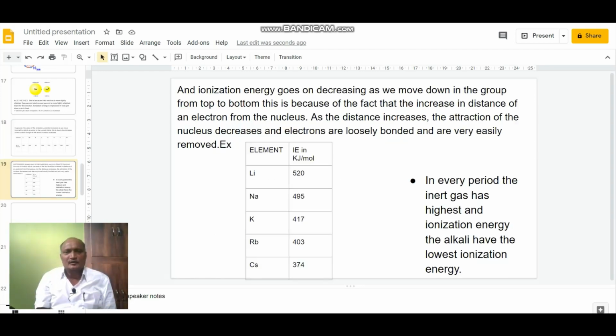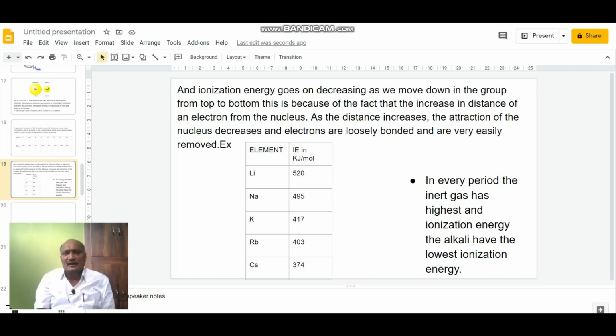And ionization energy goes on decreasing as we move down in the group from top to bottom. This is because of the increase in the distance of the electron from the nucleus. As we move from top to bottom in a group in the periodic table, the ionization energy values go on decreasing.